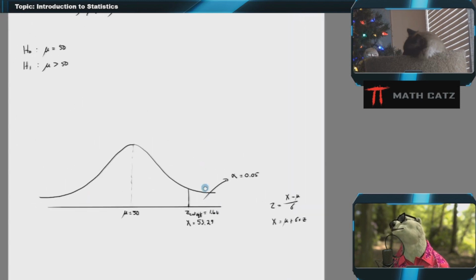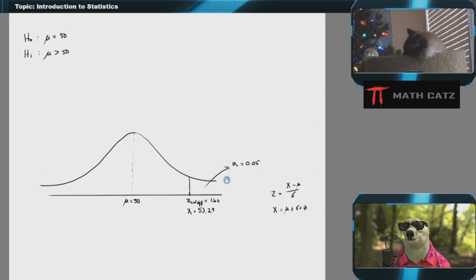So that'll be the raw score that corresponds to this cutoff when I'm going to reject the null hypothesis if I am past this cutoff, whether I do it by a z-score comparison or a raw score comparison. Past this, to the right of this cutoff, I'm going to reject the null hypothesis. To the left, I'm not going to reject the null hypothesis.